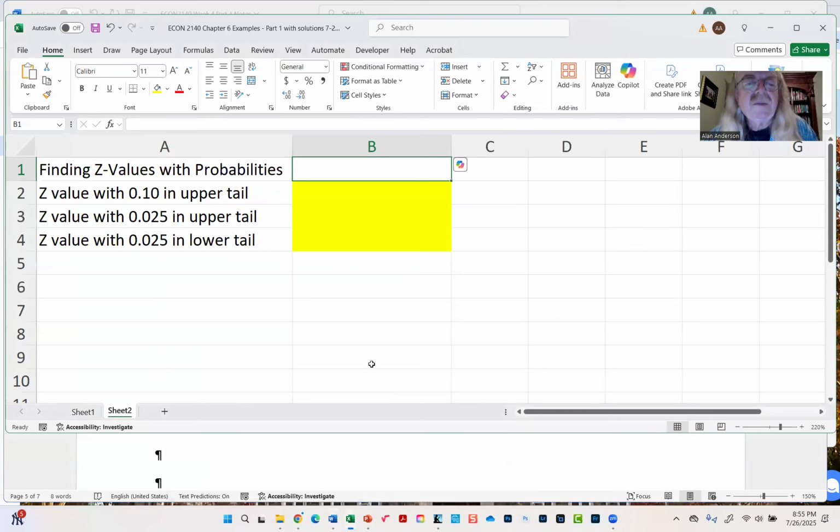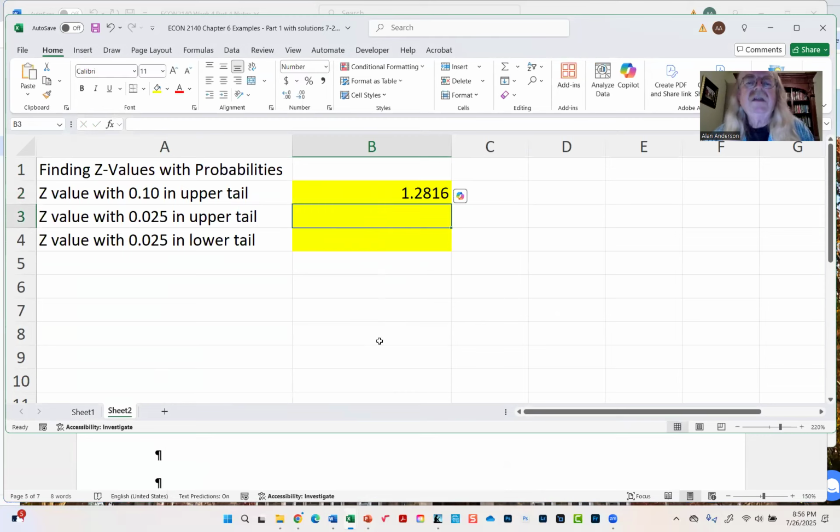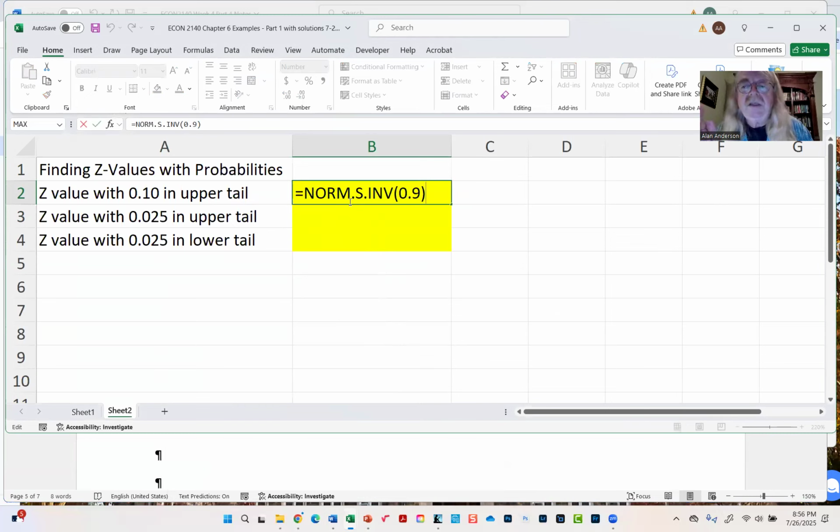Well, that's where this command comes in. Norm dot s dot inv, and the probability, surprisingly enough, is not 0.10, it's 0.90. Why? Because it's set up to look at the area in the left tail.